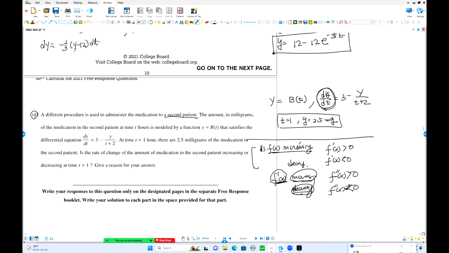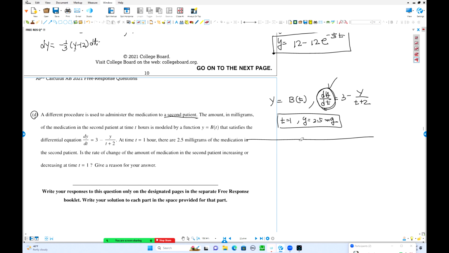So for this dy/dt, we check whether it is increasing or decreasing at time t equals 1. That's the question: is dy/dt increasing or decreasing?